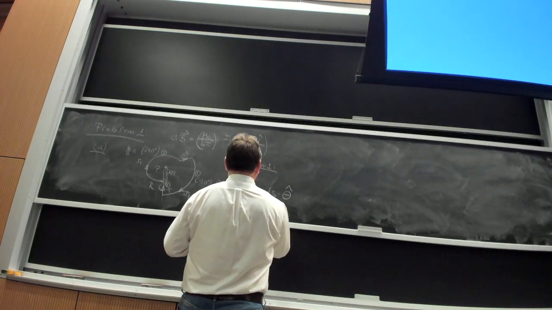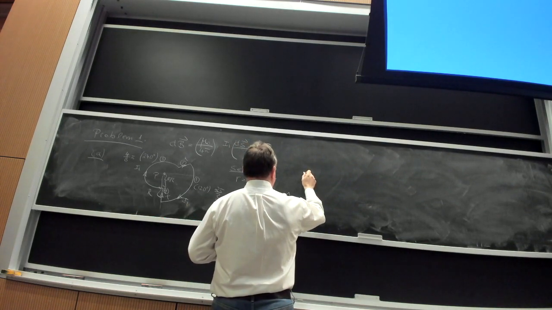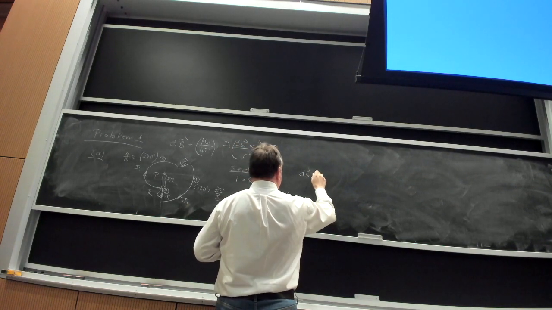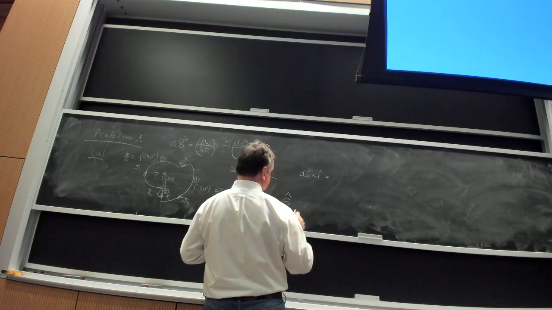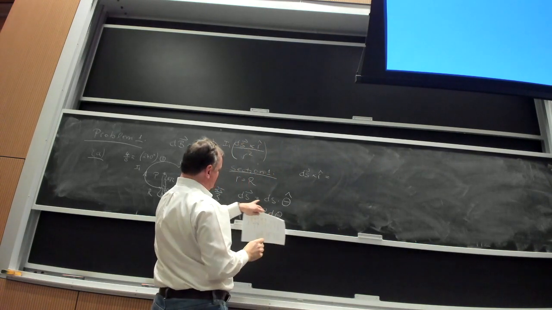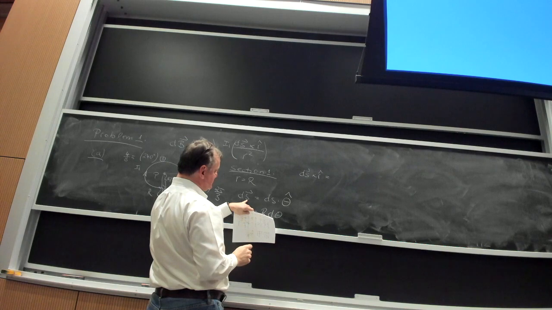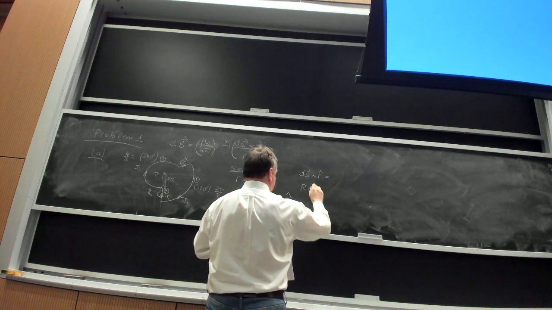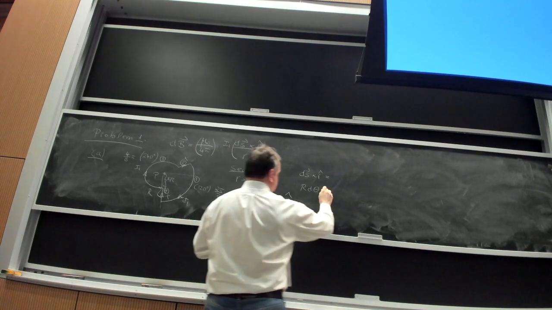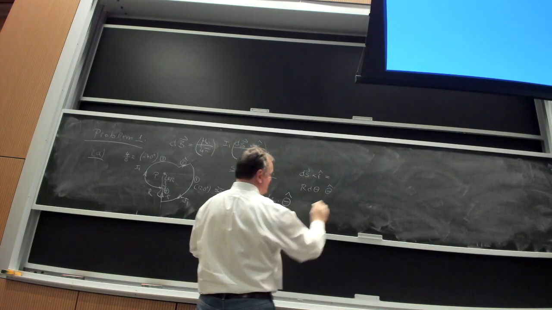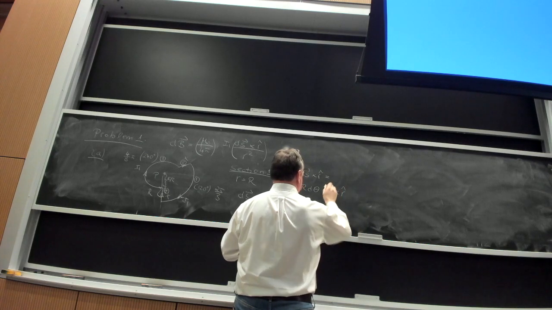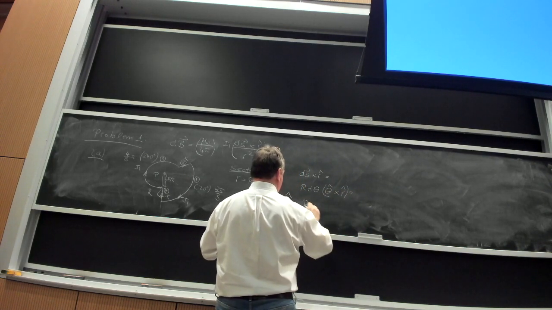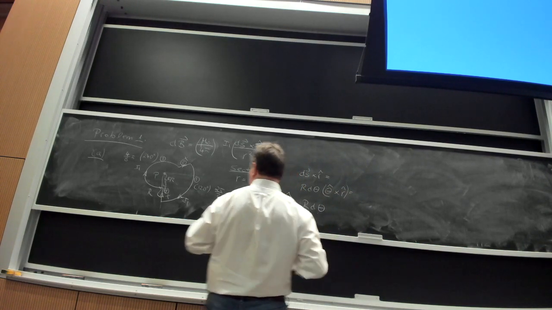So let me spin this a little bit further. So we can now evaluate ds cross r hat. I replace the ds vector as ds, the magnitude is R d theta, so R d theta times theta hat, the unit vector, cross r hat equals R d theta.